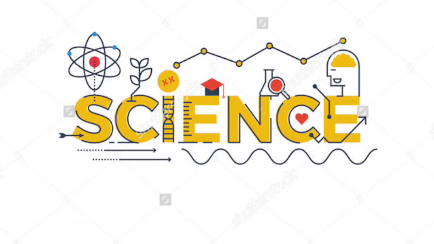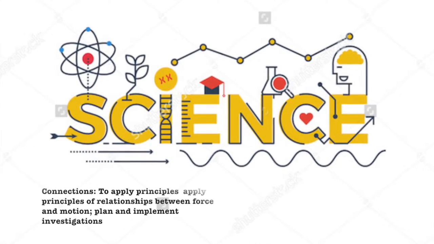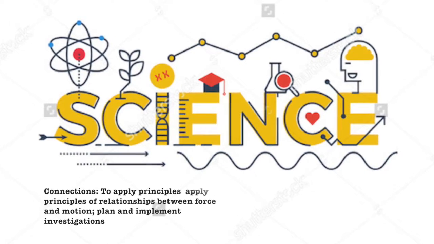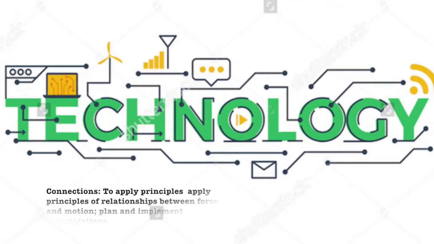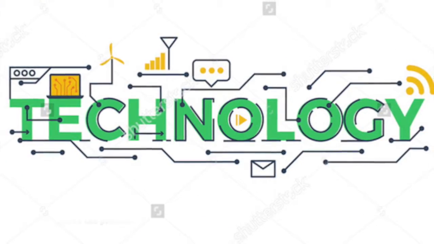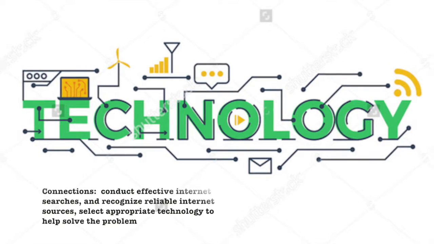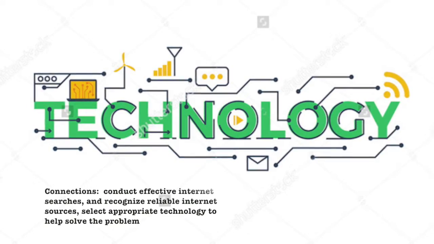The students will be able to make the following STEM connections. In science, they will learn to apply principles of relationship between force and motion and plan and implement investigations. In technology, they will conduct effective internet searches and recognize reliable internet sources, and select appropriate technology to help solve the problem.